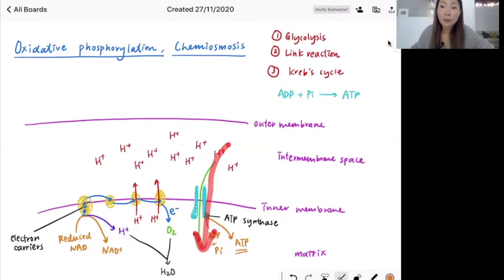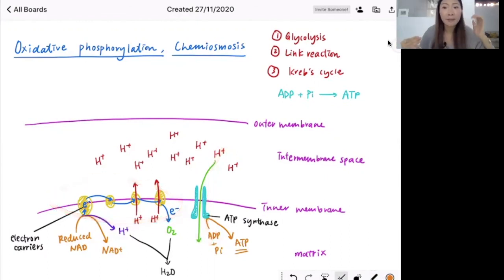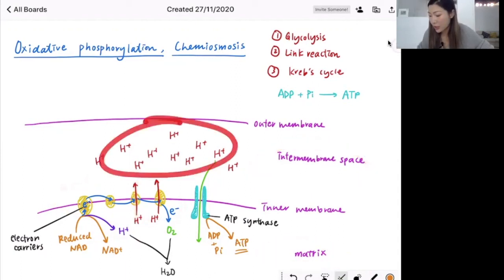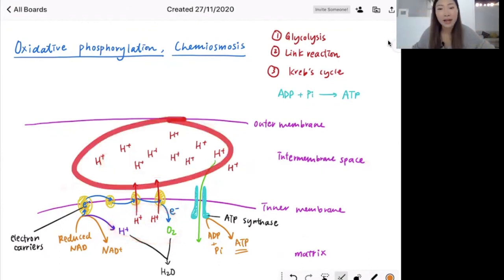So we purposely wanted the electron to move along the electron transport chain, so that a significant amount of energy is lost so that we can pump hydrogen ion from the matrix into the intermembrane space, to build up a concentration gradient between the outside and the inside, more on the outside than inside.